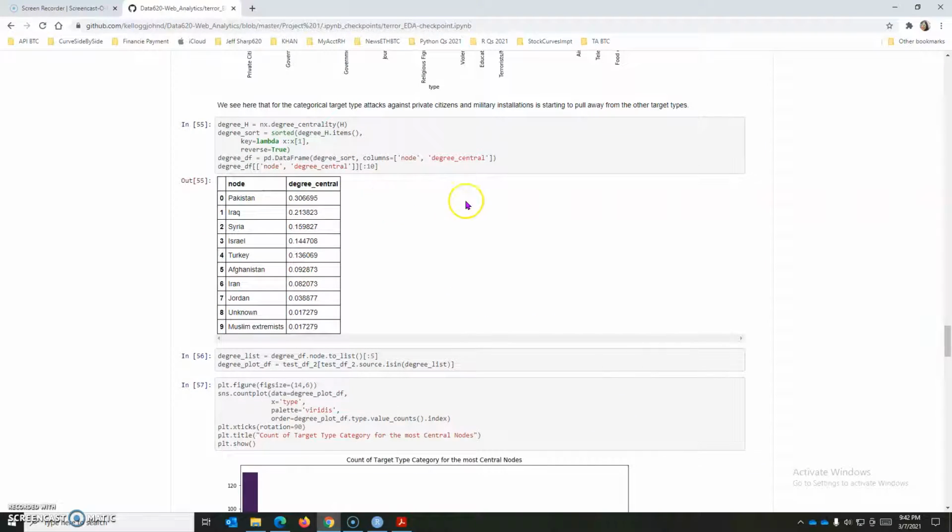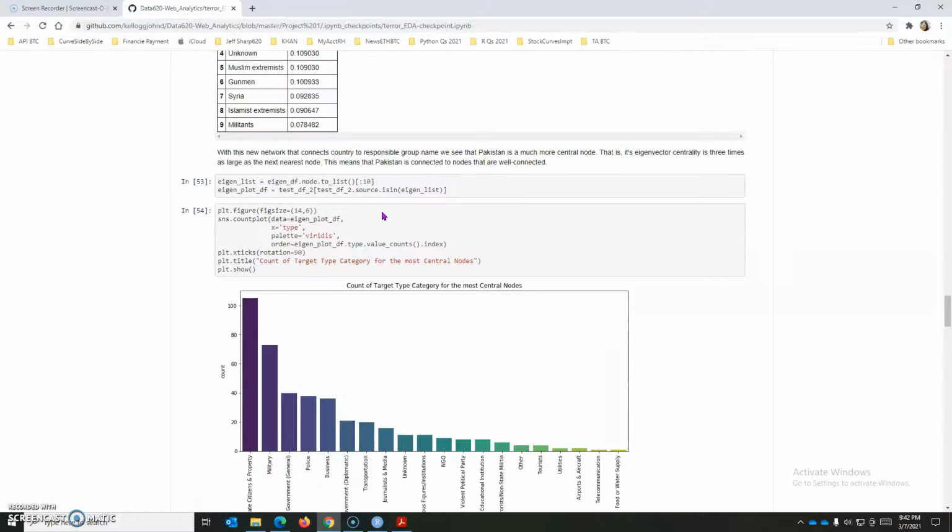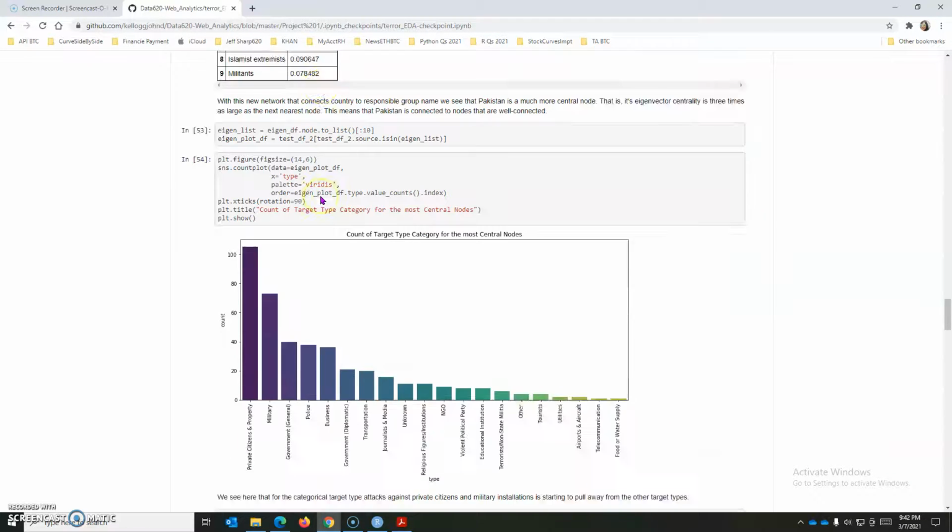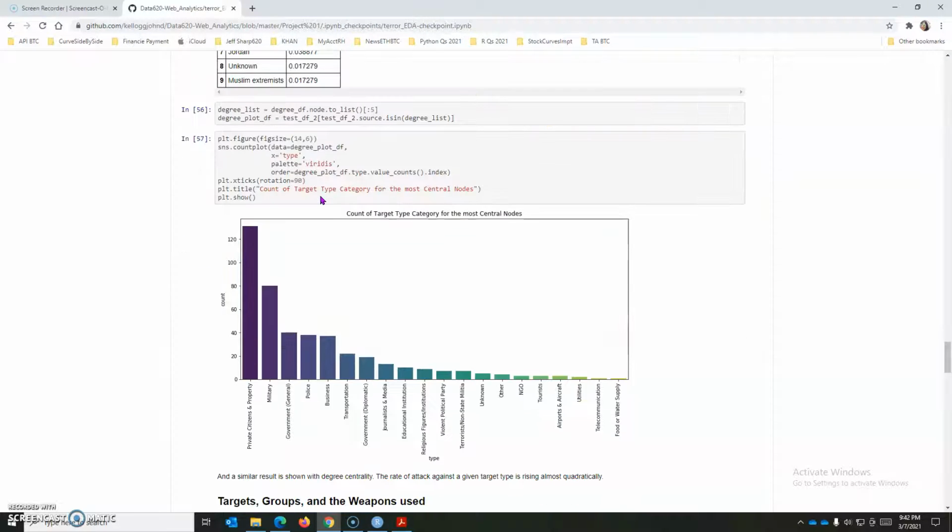And the degree centrality tells the same story with lesser magnitude for Pakistan. But overall, they agree with each other, and the ranks agree with each other as well. The number one target, the most frequently targeted in this network, is private citizens, followed by military, followed by 3 groups, which are business, police, and government.